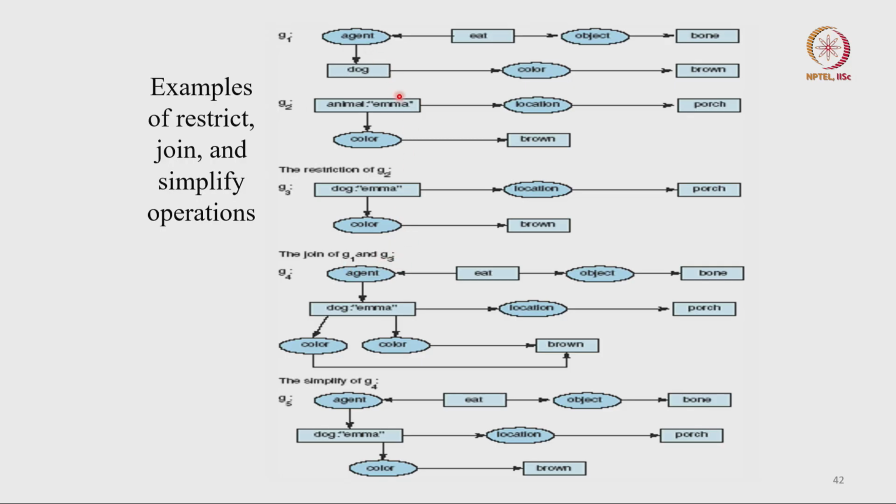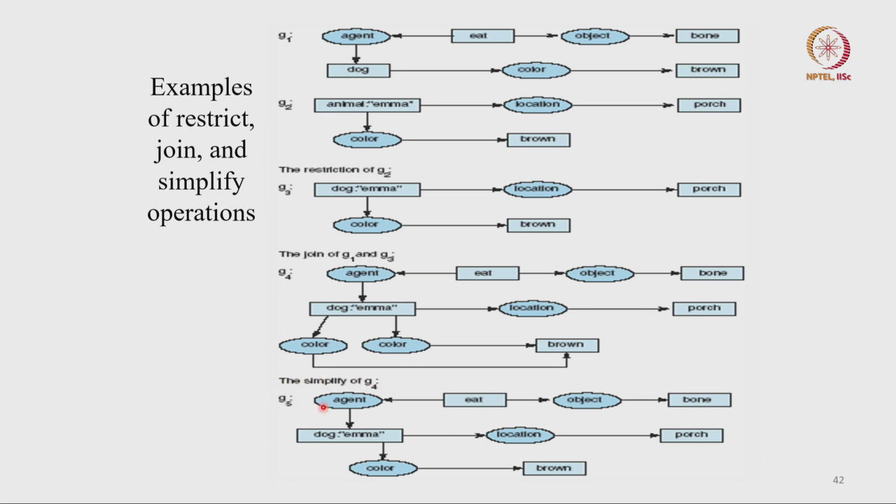Okay, so, you are joining G1 and G3. So, you are saying agent dog, color brown. So, from both of them you are getting color brown, location porch, and eat object bone, right. So, this combines G1 and G3. Okay. And you have something to simplify it.